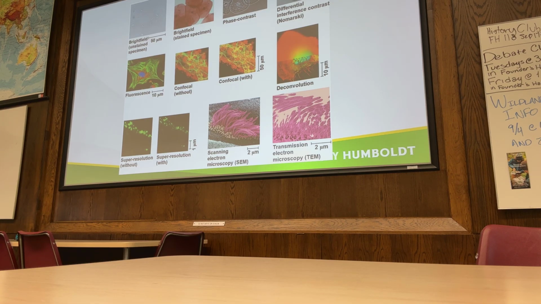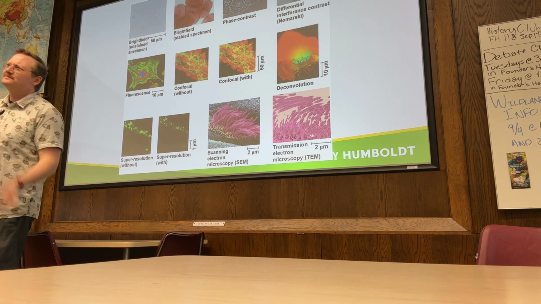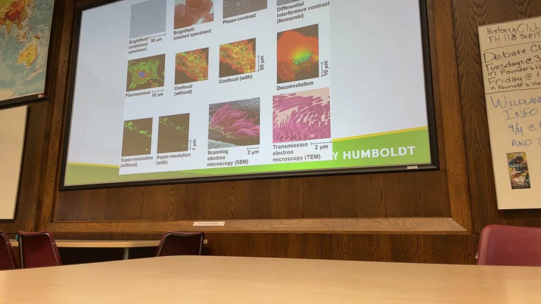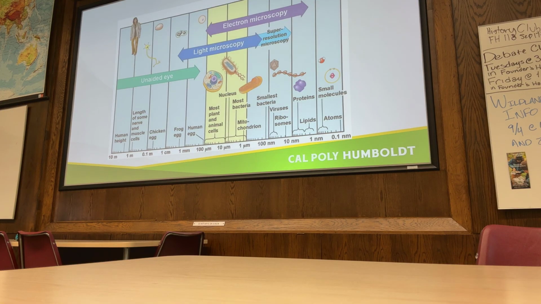They're always trying to find ways to avoid using electron microscopy and use light microscopy with computer help, all right? Like doing something such as deconvolution, where you capture an image that's all blurry, but then you use computers to help deconvolute the image and sharpen it artificially. Anyways, it's fascinating. Microscopy is its own field, all right?